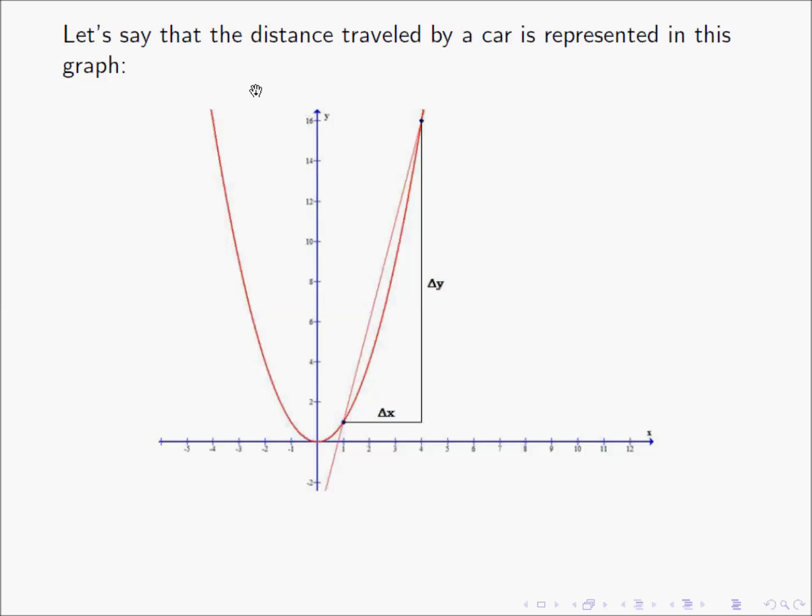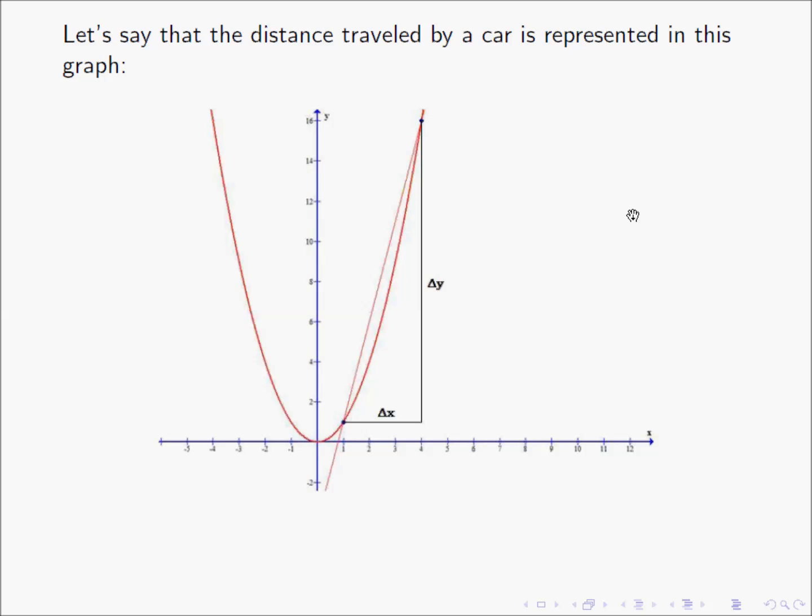That is, we're going to say that the distance traveled by a car is represented by this graph. We're going to think again that on the horizontal axis we have time, and on the vertical axis we have distance, and the change in distance over time is represented by this graph.